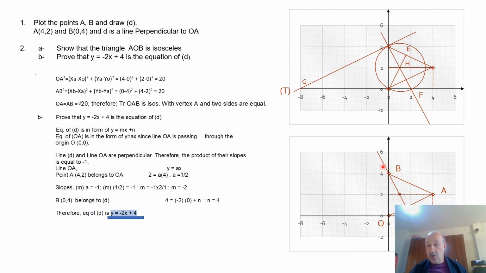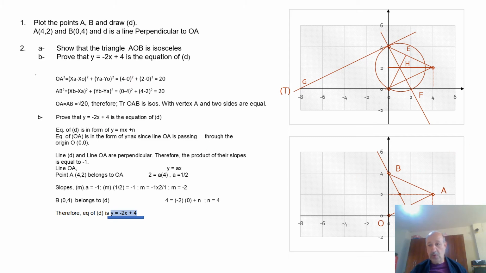So B is on D, therefore the coordinates of B should satisfy the equation of D. So we put y of B, 4, equals -2 the slope times 0 the abscissa, plus n. So we can find n. n is equal to 4. Therefore the equation of D is y equals -2x plus 4, which we have proved.